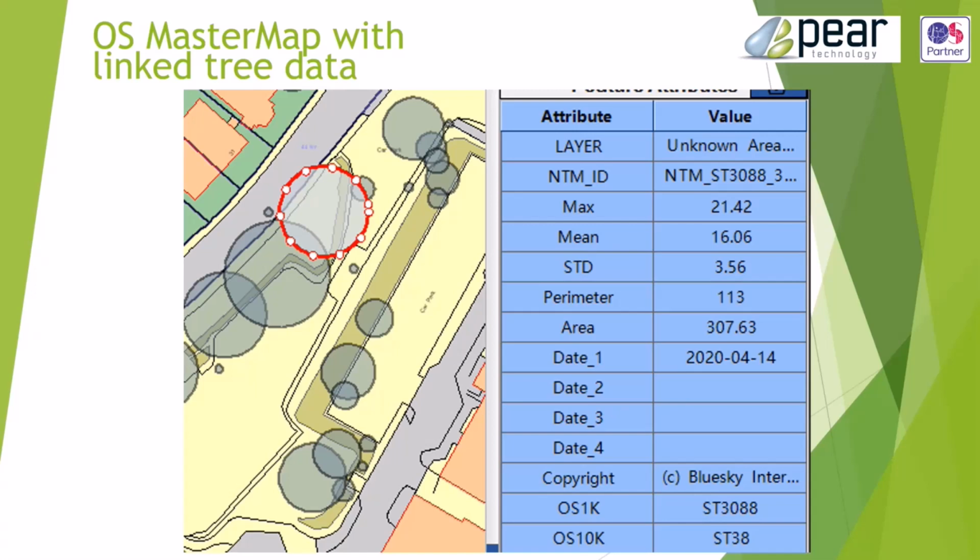You might take that as a base point and say, well, we would like to go from 10% to 15% canopy cover. There's a lot of benefits of having trees in the parish. So this then gives you a starting point as to the current area of canopy cover, and it gives you a number of figures, but basically it's the position, the height and the crown spread of each tree.